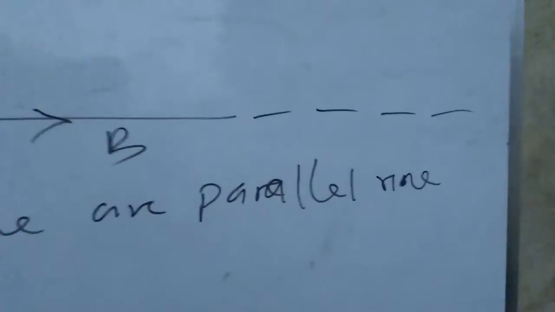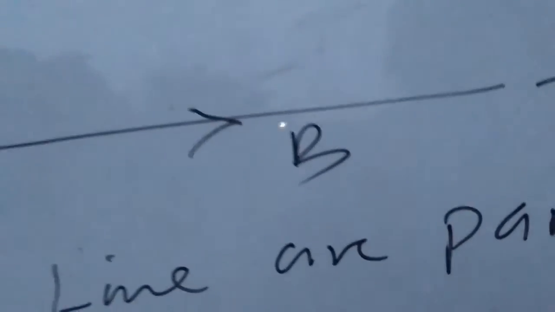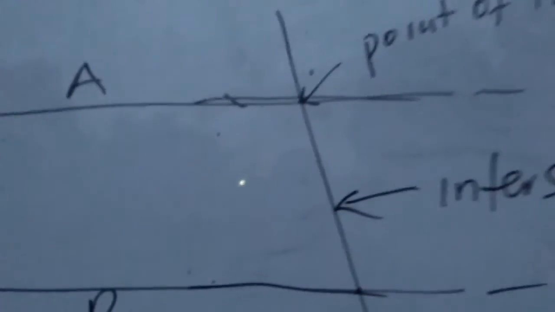So in this case, we say these two lines are parallel lines. On the other hand, when line A and line B cross, they are no longer parallel.